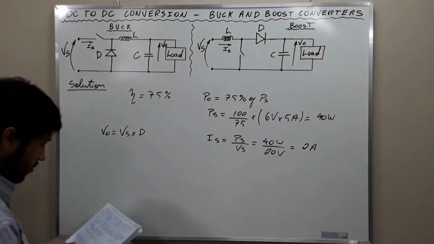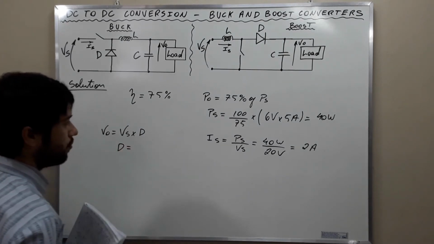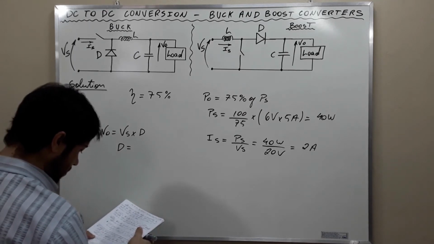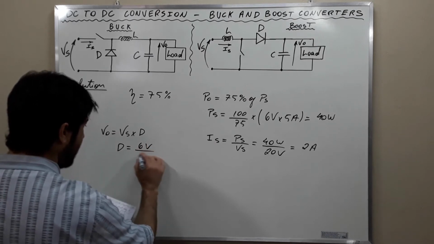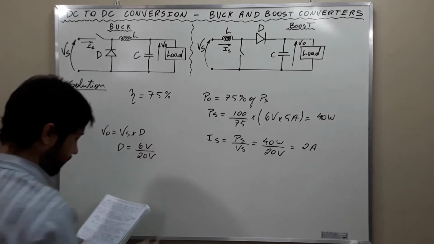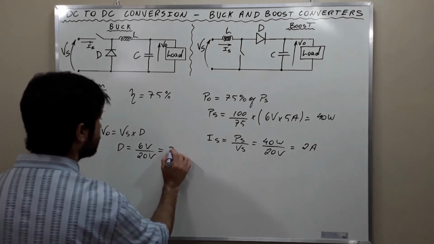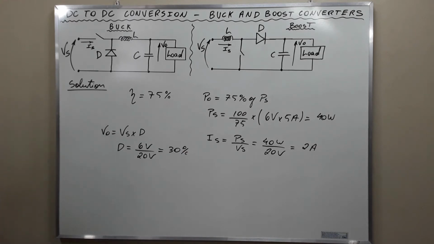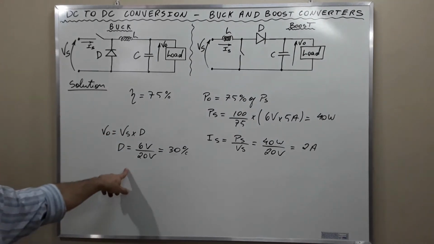Then the duty cycle is going to be 6 volts divided by 20 volts, which is 30%. Then, this is everything for question 2. The input current is 2 amperes and the duty cycle 30%.